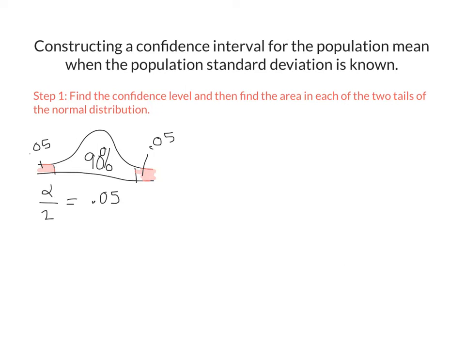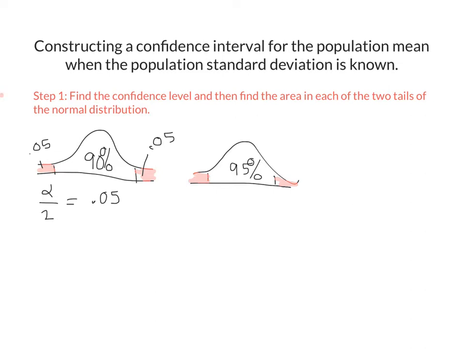All right, if we had a 95% confidence level, we have 95% here. So the area in each of the tails, this tail and this tail, the total area for both of them is 1 minus 0.95, so 0.05.